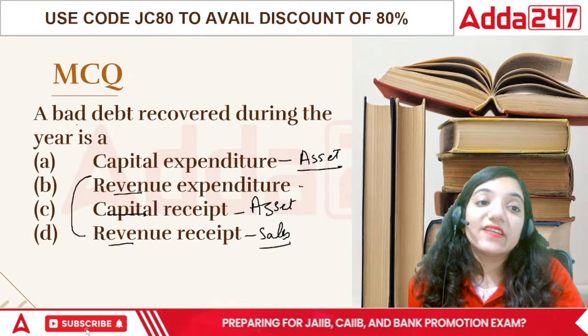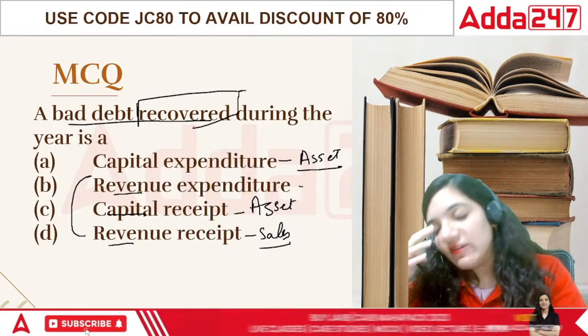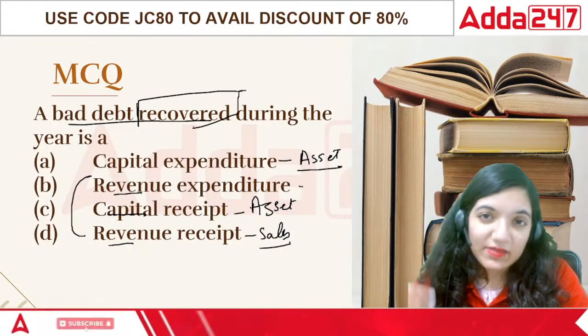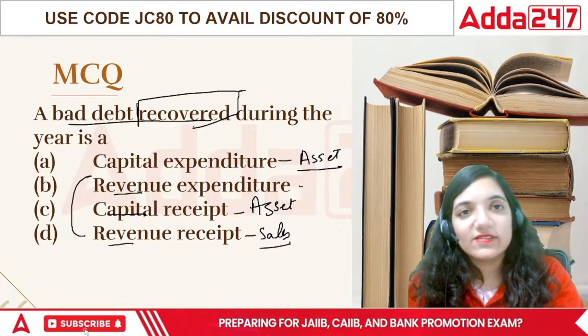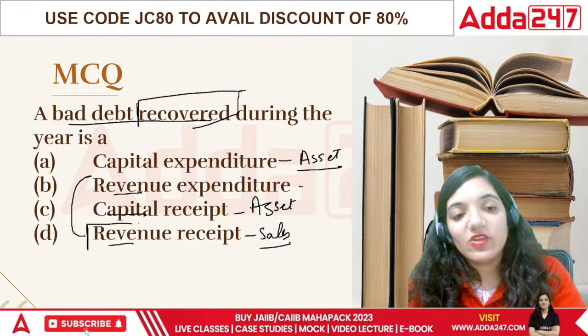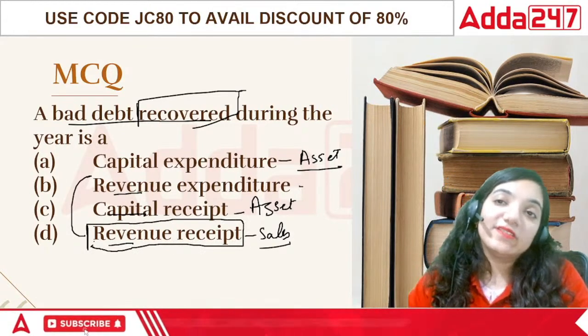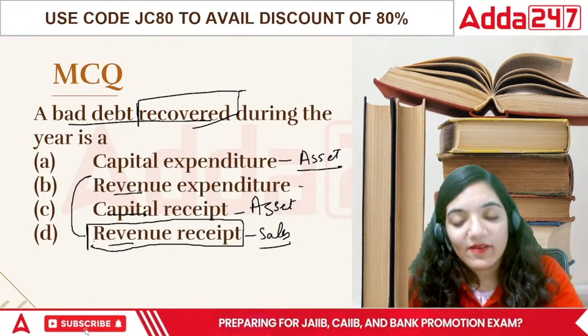First of all, it is recovered. That means you are receiving money. But are you receiving money while an asset is being created or departing? No. In this case, you are basically having a revenue receipt. This was actually a loss earlier and the loss is now recovered.